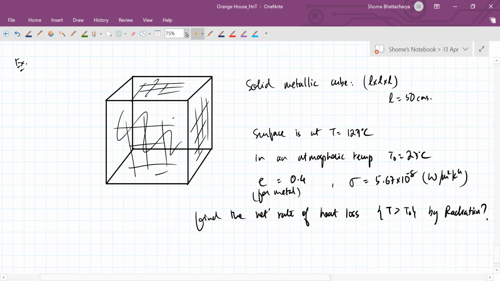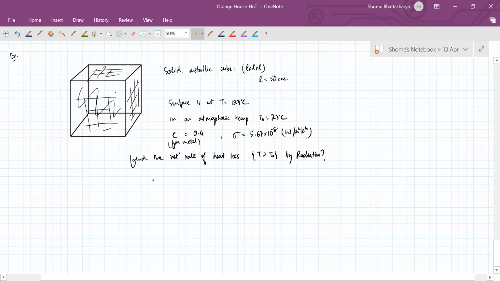Okay. So this is the type of question you expect at the NEET level, and it's direct formula based. So we can see that the net rate of heat loss, we'll always write with a minus sign, will be equal to the rate of emission minus the rate of absorption.